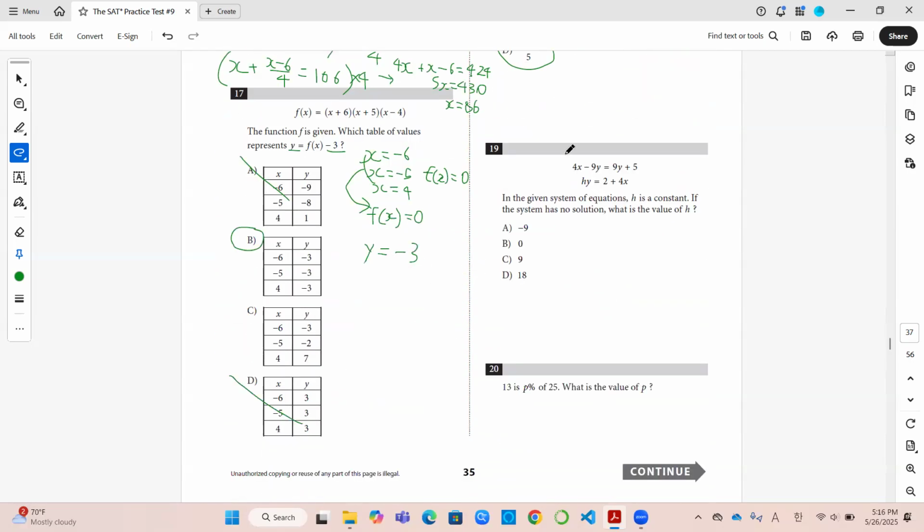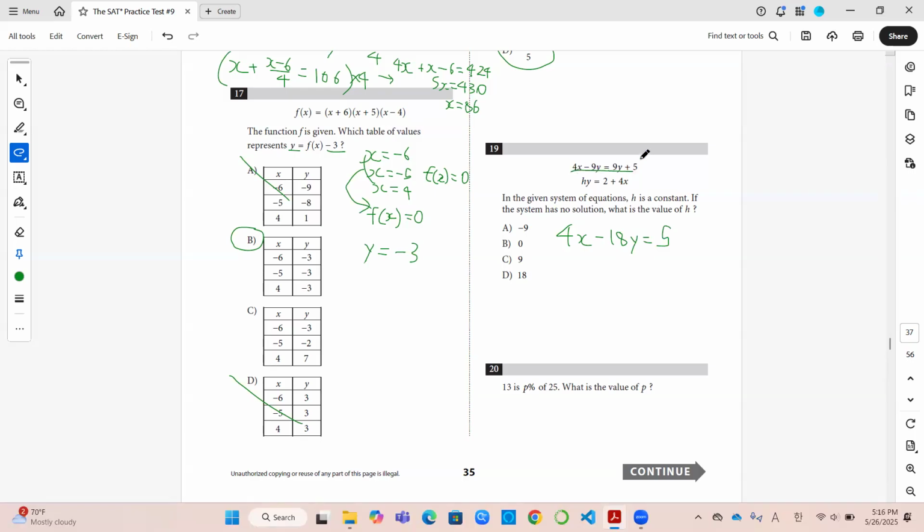In the given system of equations, h is a constant. If the system has no solution, what is the value of h? So, first of all, let's put all my x and y's to the left. So I'm going to go ahead and do that. So 4x minus 18y is equal to 5.